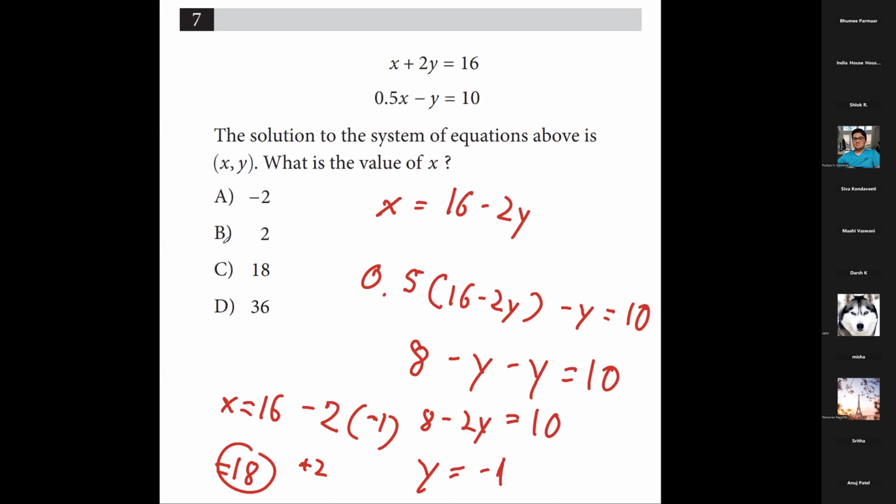So the correct answer is answer choice C. Now you could have just directly solved for x instead of y, but that would be slightly more difficult with the equations we were given. I guess you could just take this bottom equation, multiply everything by 2, and then do 10 plus y equals x.